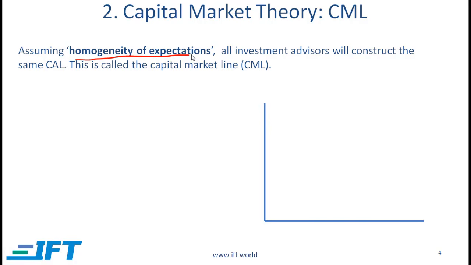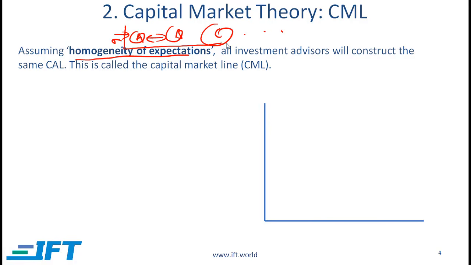What this means is that all investors or all investment advisors have the same expectation related to every single security. In other words, if we have security A, B, C, and so on, all investors have the same expectation about the return of A and the risk of A, the same expectation about the return of B and risk of B, and so on. In addition, they also have similar expectations about the correlation between different securities.